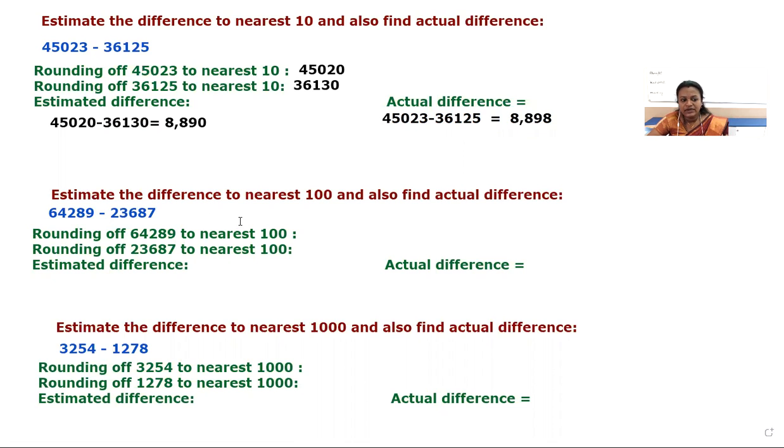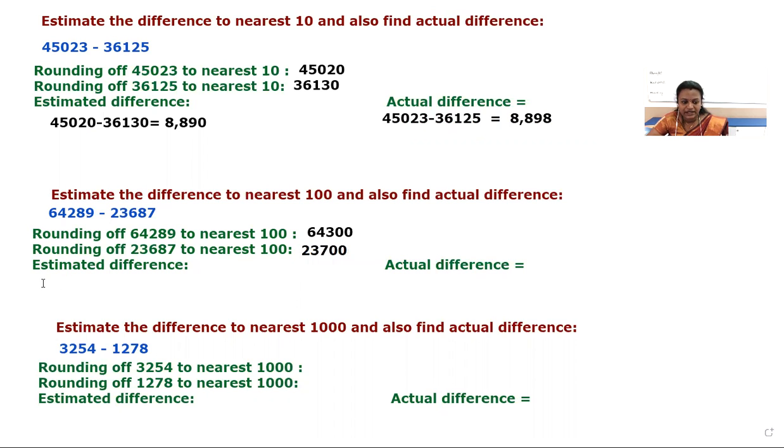In a similar way, let's move ahead to find the difference to the nearest 100. 64,289 would be rounded up to the nearest 100 first. So it would be 64,300. 23,687 becomes 23,700, as 8 is greater than 5.